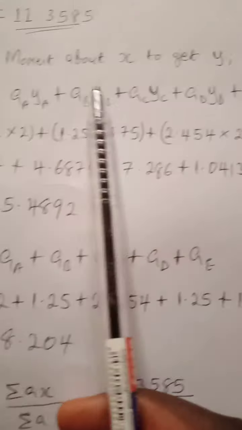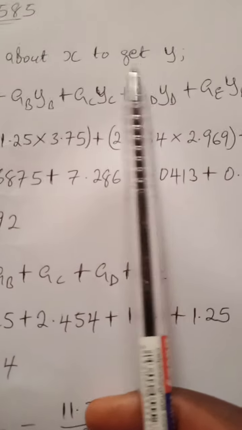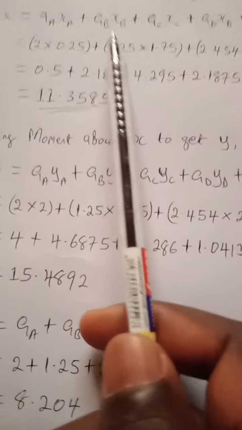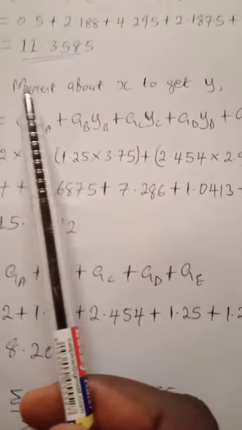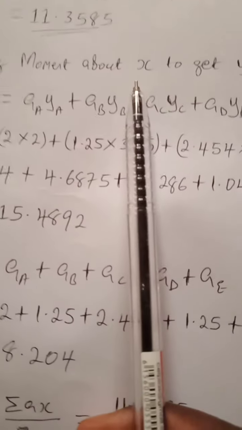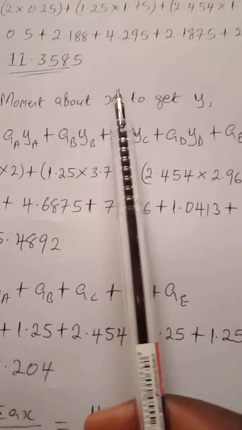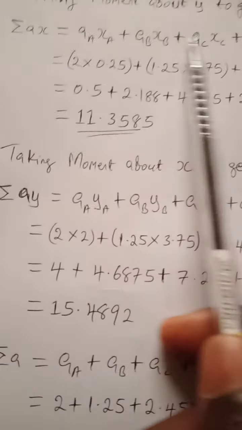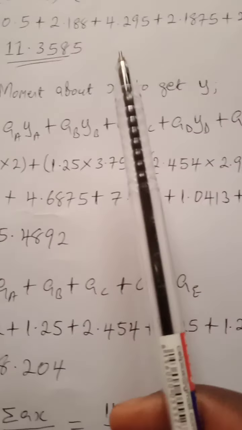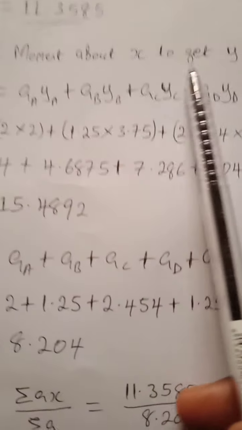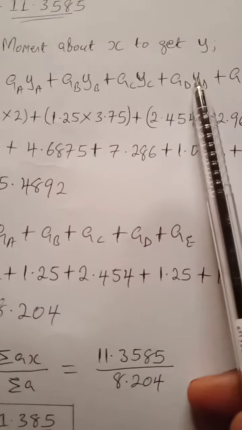Now, taking moment about x to get y. This is more complex than the first one we did. We want to take moment about x to get our y. If we obtain our x here, we take moment about y to get x. But here, we are taking moment about x to get y, just the way we did the first one.